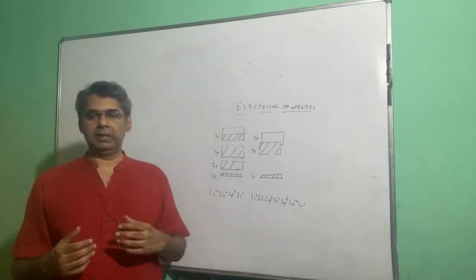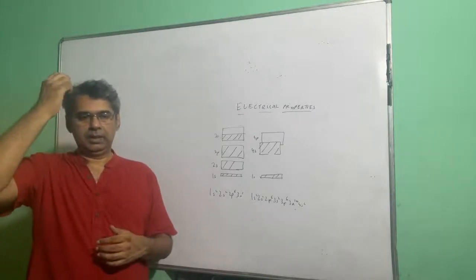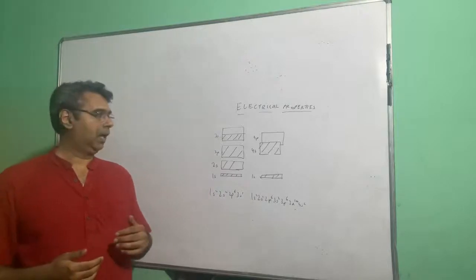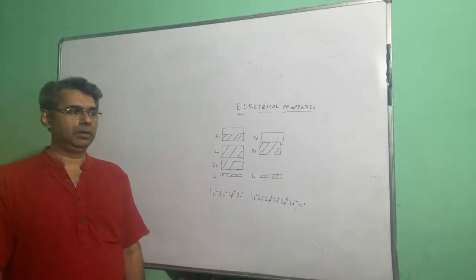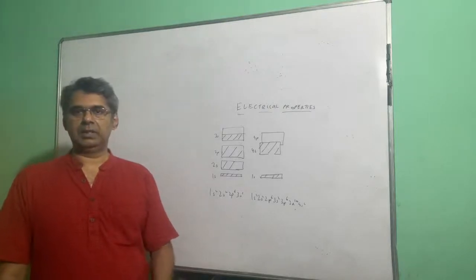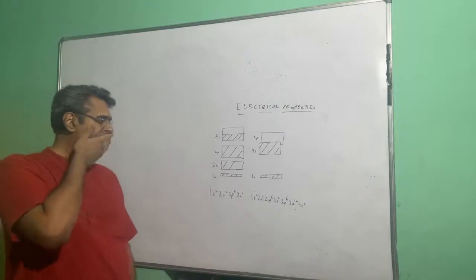Because the atoms are very close to each other, instead of having discrete energy, they have a range of energy, which is known as an energy band.